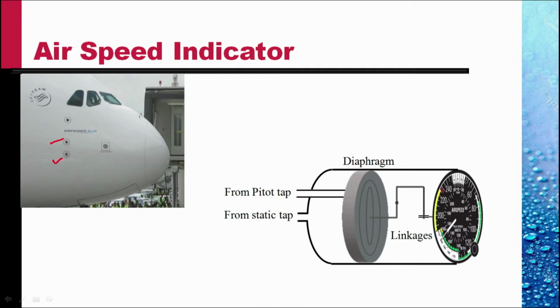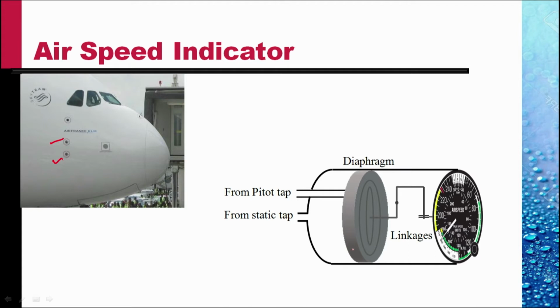So these holes pick up static pressure. The pitot pressure is picked up from the pitot tube shown earlier, and these two pressures are fed: the static pressure into the body of an airspeed indicator, the pitot pressure into a capsule.